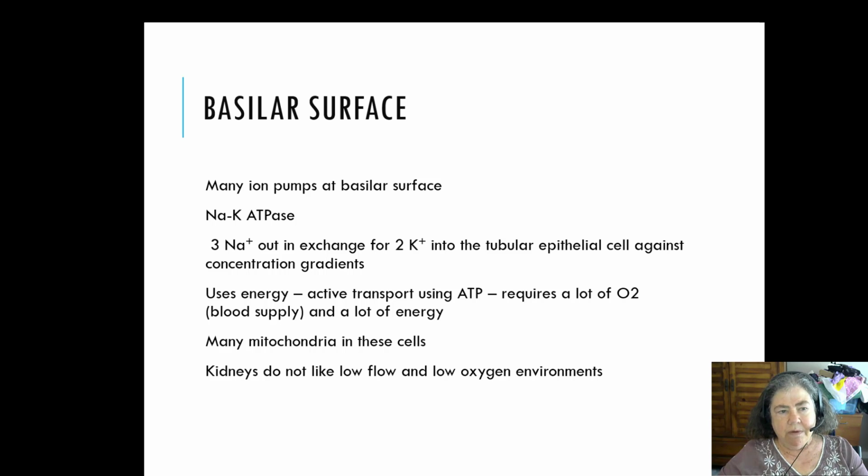This is the same pump we've talked about several times. The sodium potassium ATPase is using energy. It's using ATP, and using that energy, it pumps 3 sodium ions out of the cell, in exchange for 2 potassium ions that come into the tubular epithelial cell.